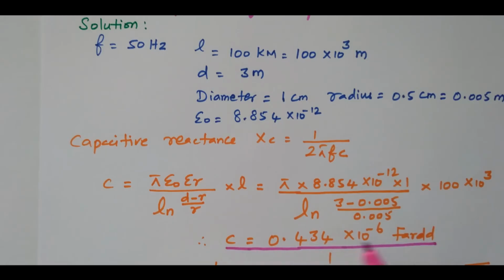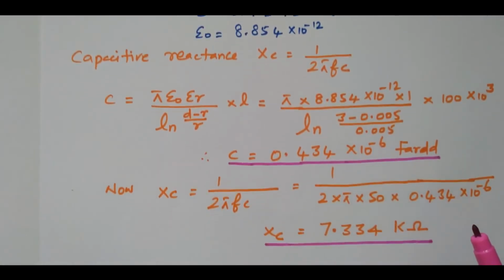Now we got the value of capacitance. Using this capacitance and this formula, we can find the capacitive reactance. So the capacitive reactance Xc equals 1 divided by 2 pi Fc, that is 1 divided by 2 into pi into the frequency 50 Hz into the capacitance value 0.434 into 10 to the power minus 6.